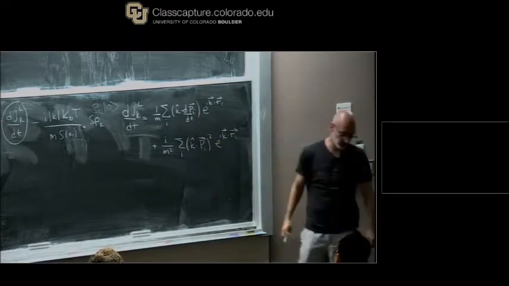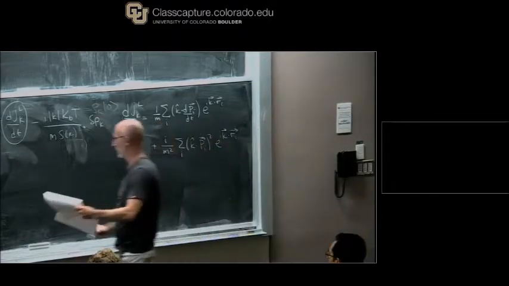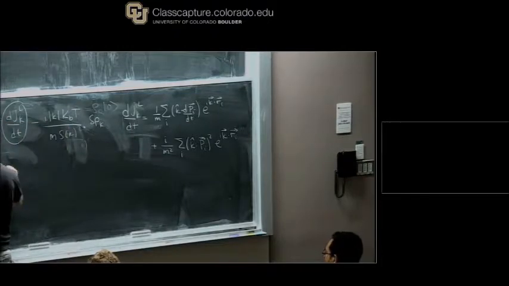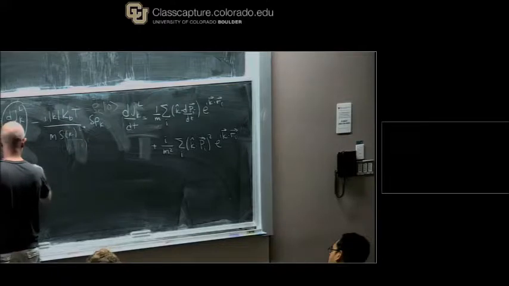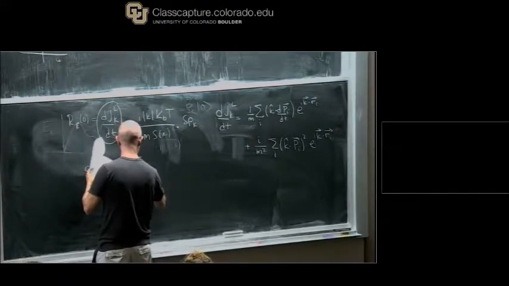In particular, this is something that I had said yesterday. If we think about what this is in our problem, we want to write it in a suggestive way. This is just the regular force on the particles.